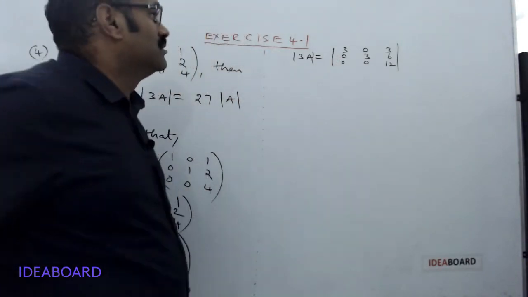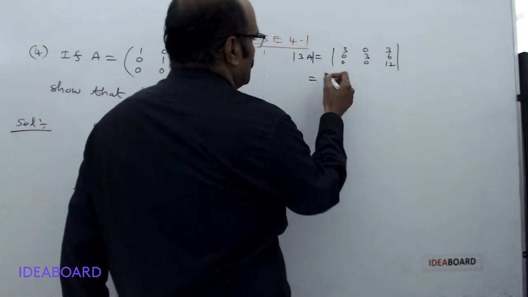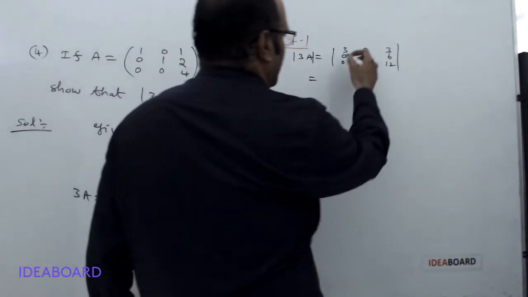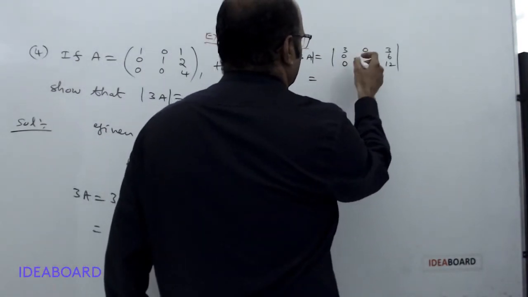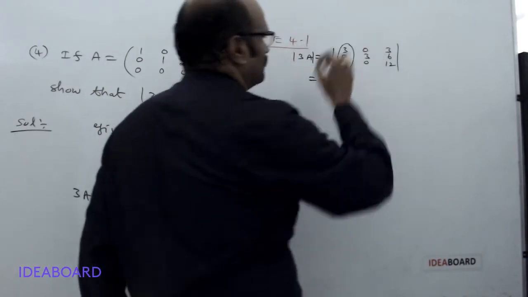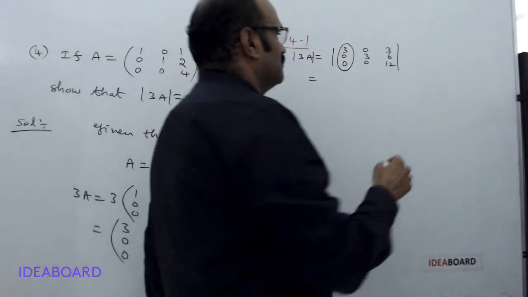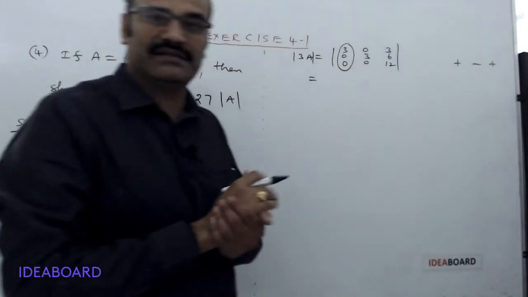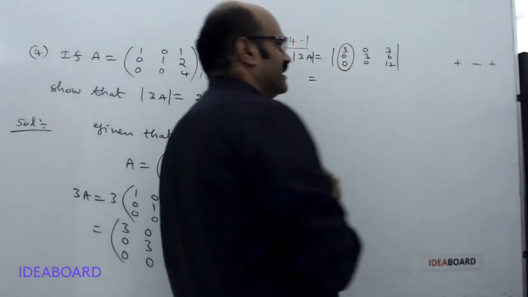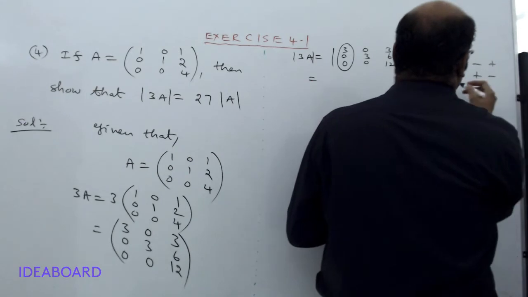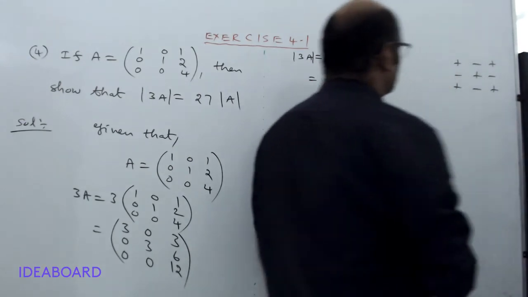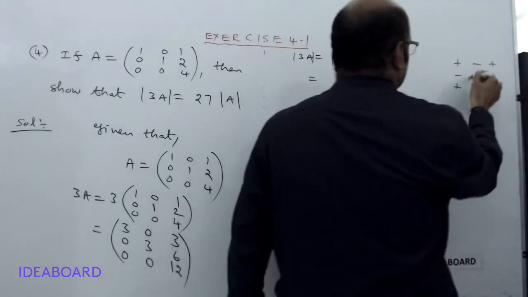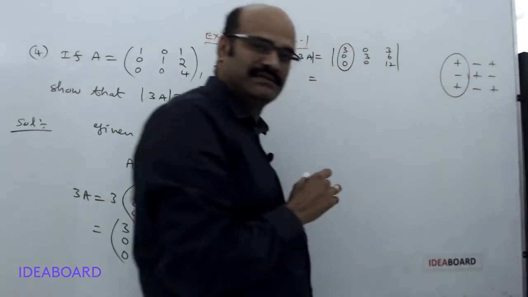Now we can expand here along C1. We take the signs plus, minus, plus. Whenever we have a 3 by 3 matrix, we take the signs plus minus plus, minus plus minus, plus minus plus. So the first column has plus minus plus.